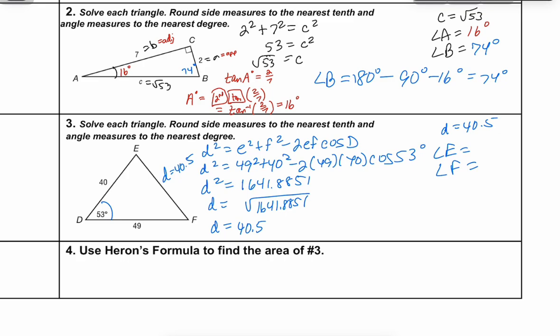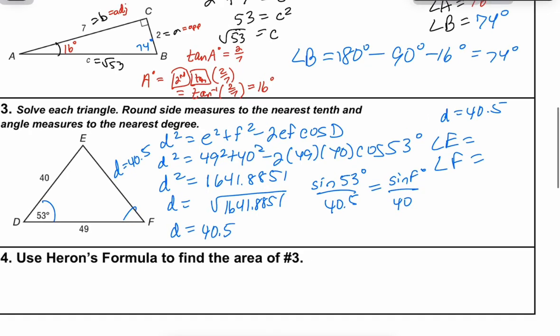We can go to the law of sines. I know that sine of D over little d is my finished pair. I want to find F because it's probably close to what I know, so let's do the sine of F over little f.